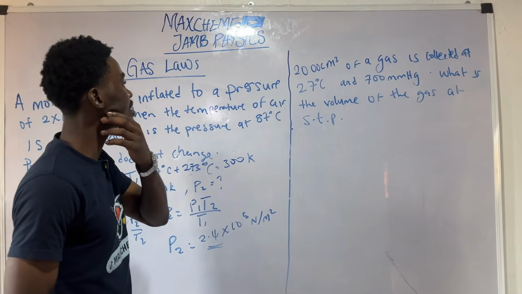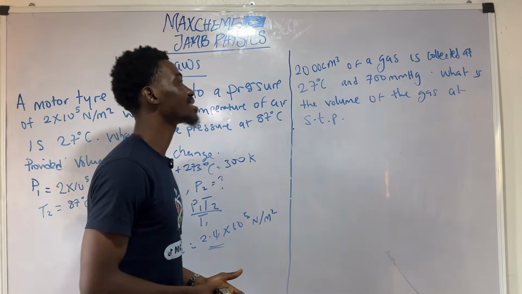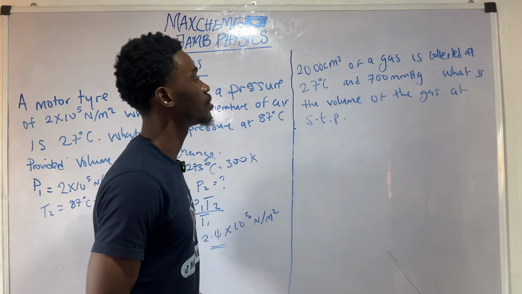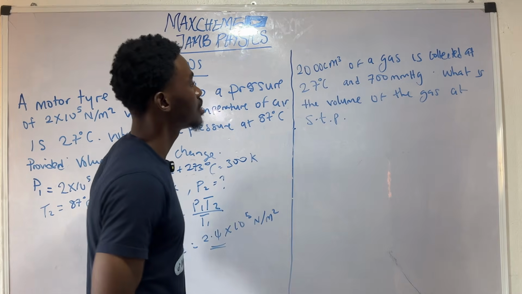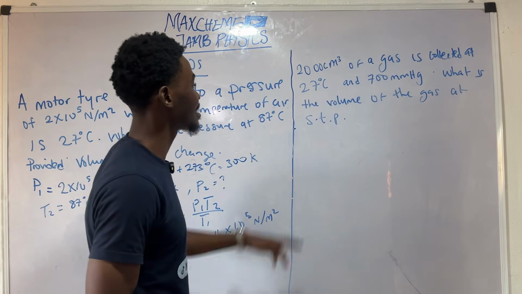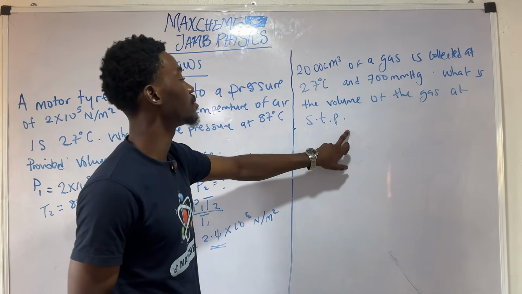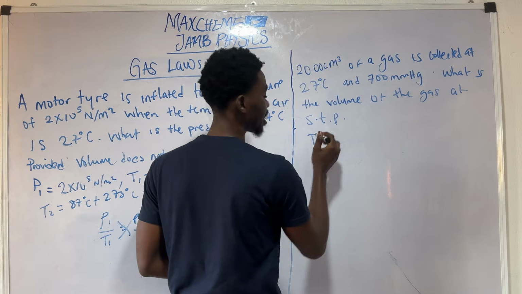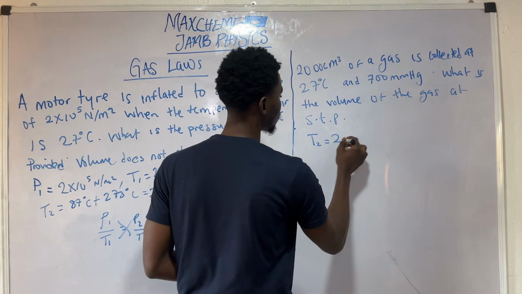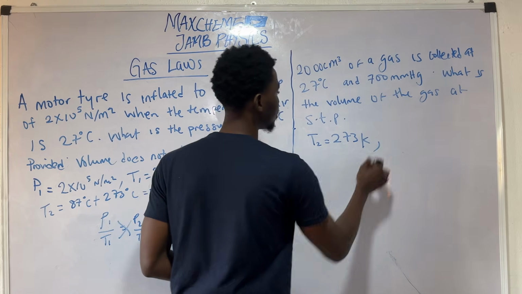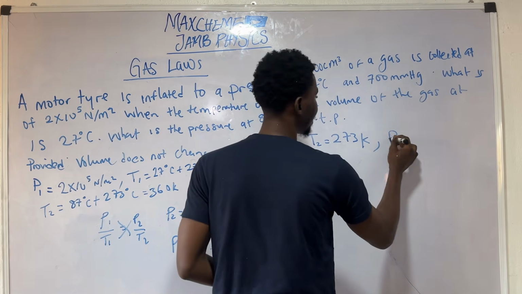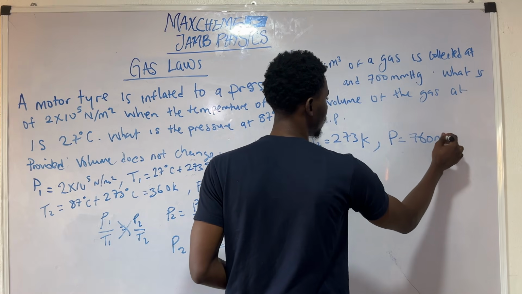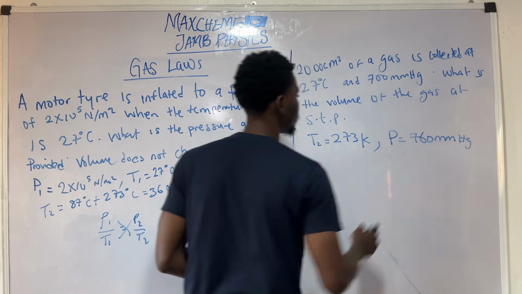I have a question that says 2000 centimeter cube of a gas is collected at 27 degrees Celsius and 700 millimeter mercury. What is the volume of the gas at standard temperature pressure? Now, the standard temperature is 273 Kelvin, and the standard pressure in millimeter mercury is 760 millimeter mercury.